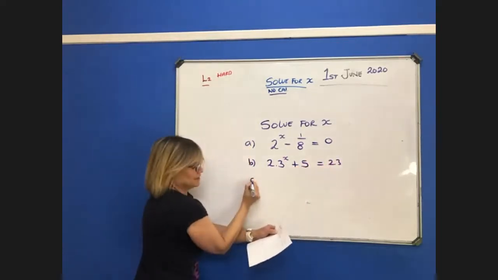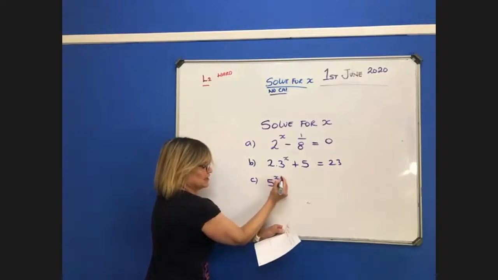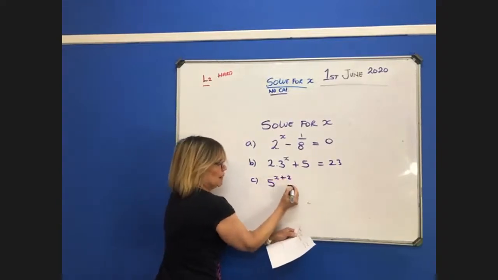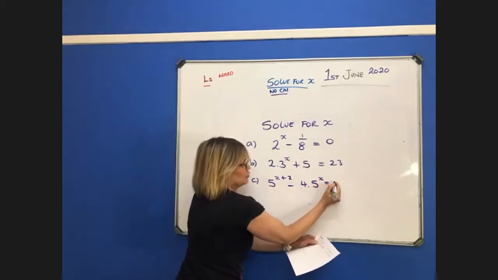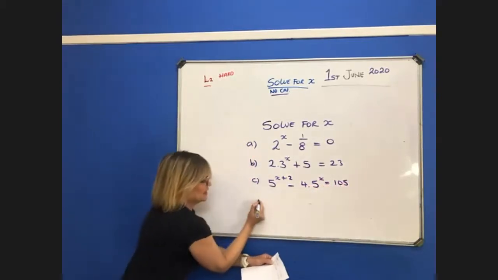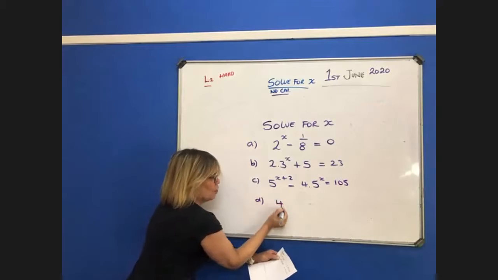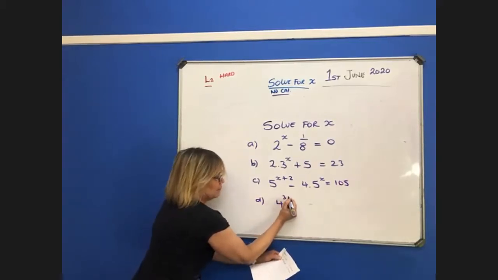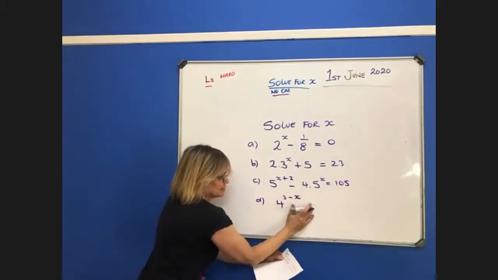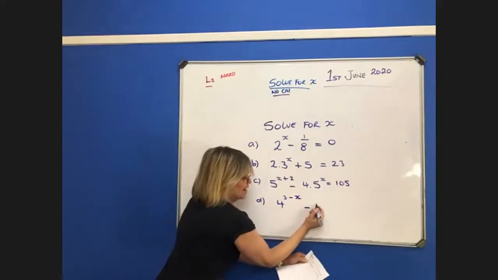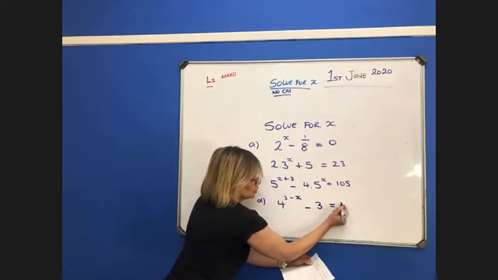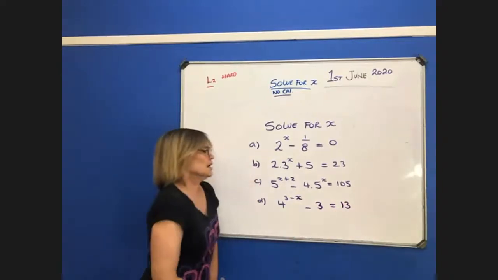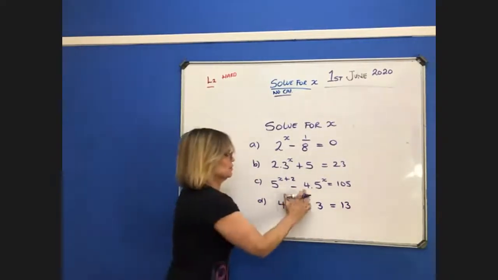Number C, 5 to the x plus 2 minus 4 times 5 to the x equals 105. And number D, 4 to the 3 minus x, minus 3, equals 13.